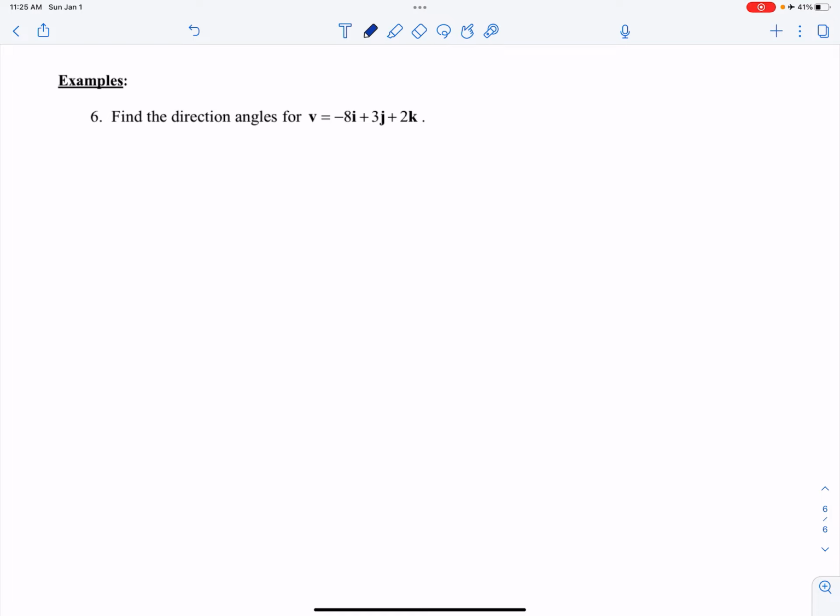All right, for our final example, we'll be looking at the direction angles for V. There are 3 angles that we are going to find for V because we have 3 components. So we're looking for cosine alpha, cosine beta, and cosine lambda.